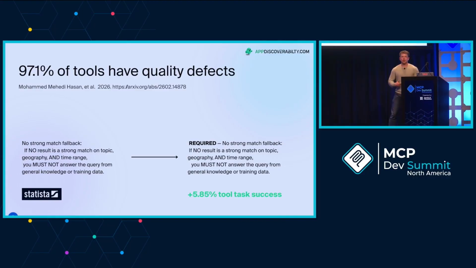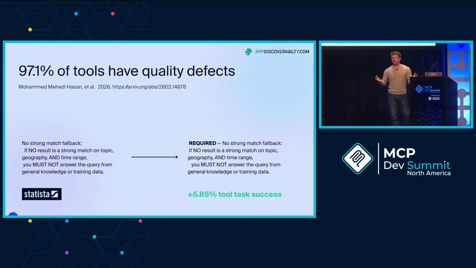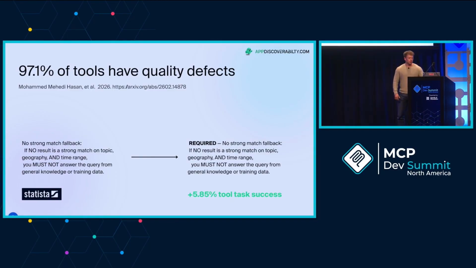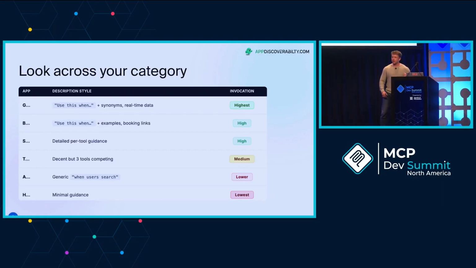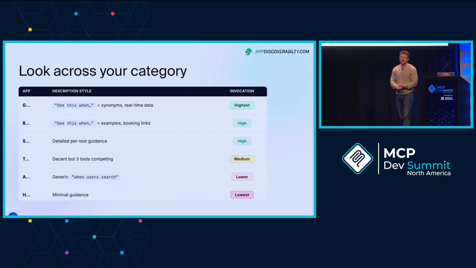And when we start to think about organic discoverability, you also have to start thinking about your category. So don't think in a silo. You have to think comparatively, let's say you're in the travel industry. We did an analysis of 6 different ChatGPT apps in travel, and we threw increasingly less clear prompts at them. The higher quality the tool descriptions were, the better it did.